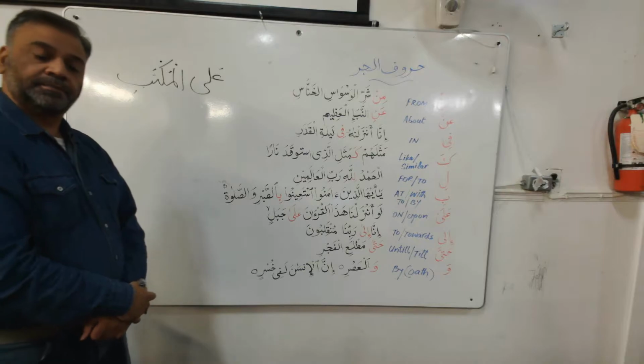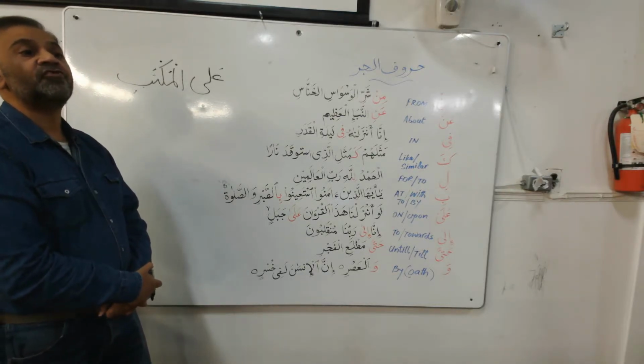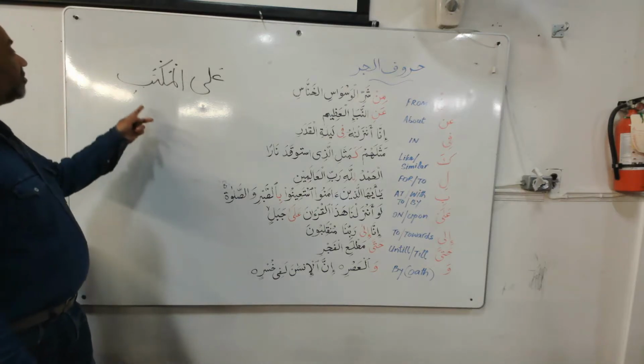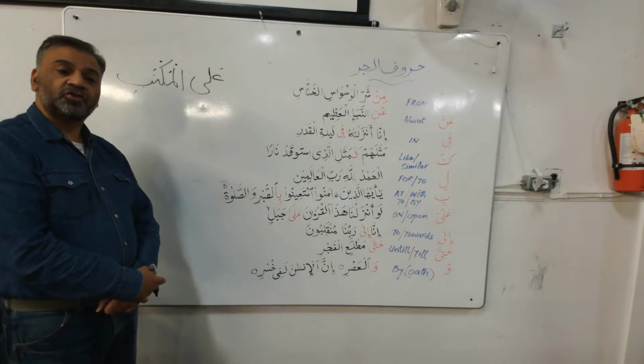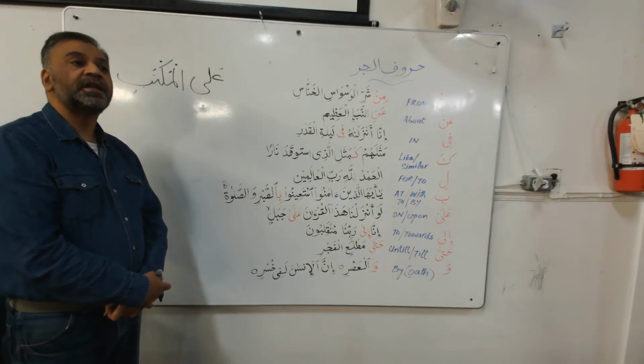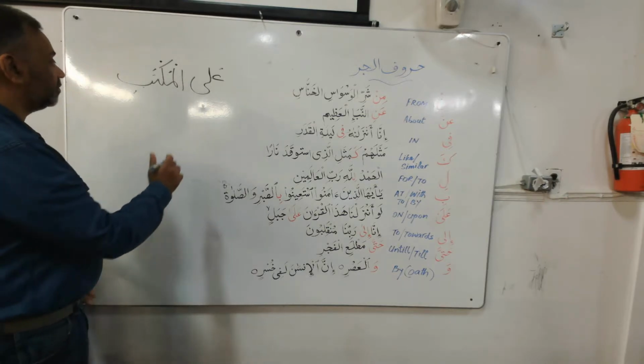Alal maktabi. What is ala? Harf jar. What is ism majroor? Al maktabi, which means on the table or on the desk, right? The next one.